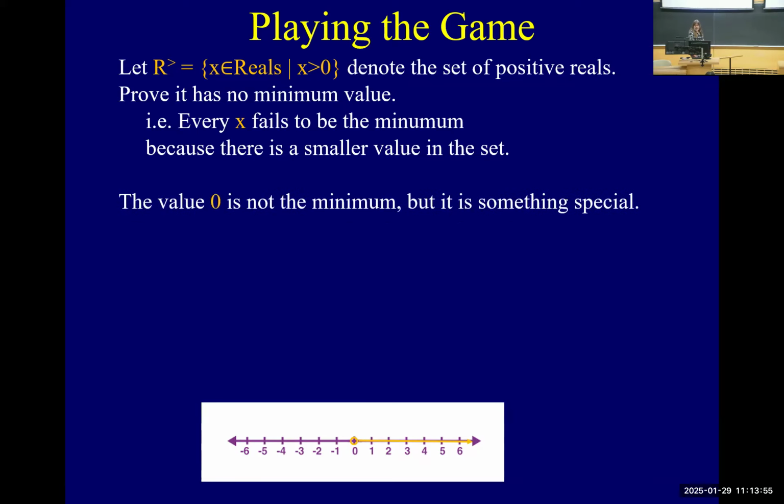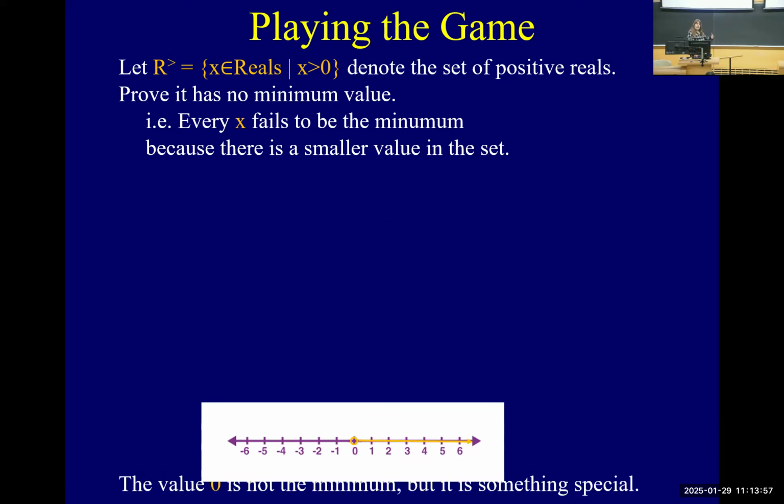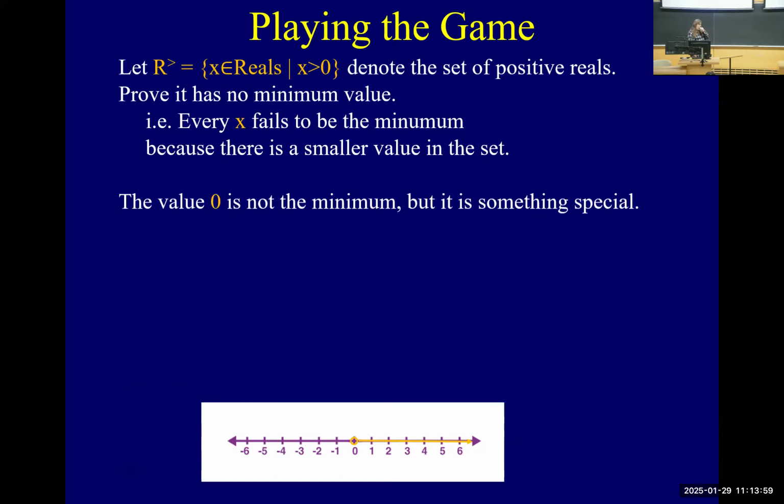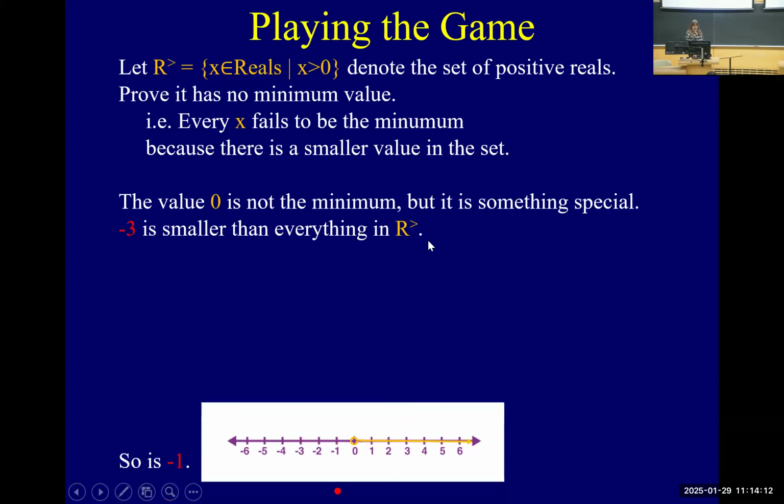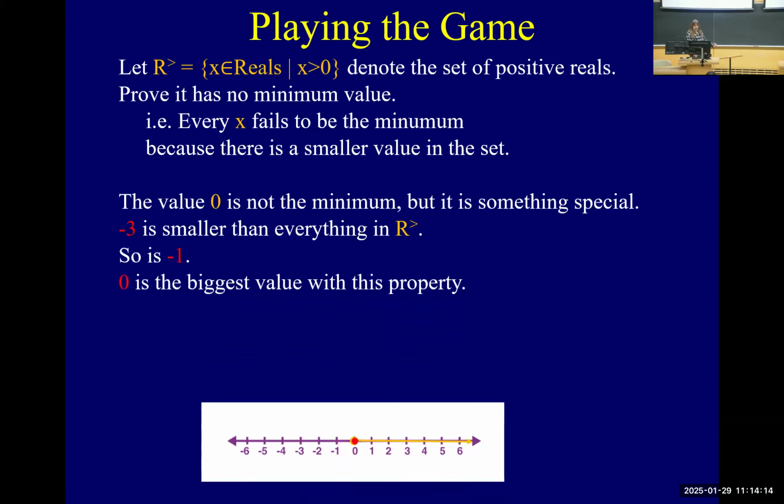All right. Okay, we're going to do more math, right? 0 is not the minimum, but it's special, right? I mean, it certainly has something to do with this set, right? Now, -3 is smaller than everything in the set, right? So is -1. What is 0?